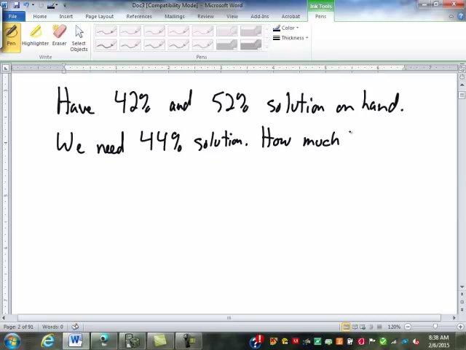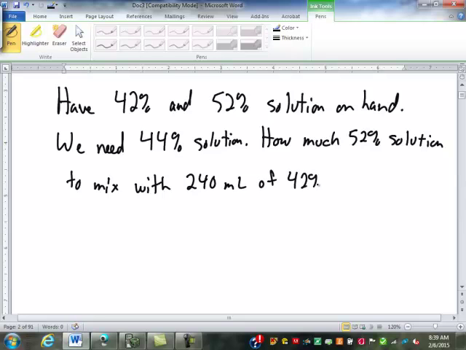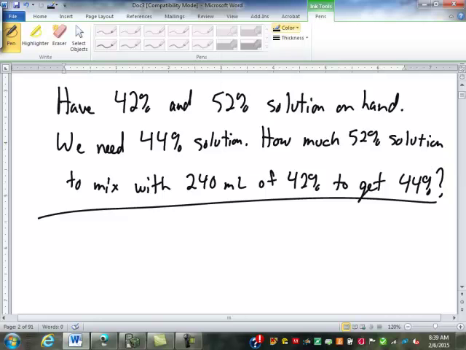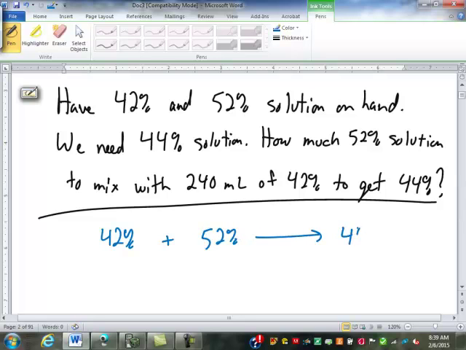How much of the 52% solution do we need to mix with 240 milliliters of the 42% solution to get that desired 44%? So the ingredients here that we are mixing together, we have the 42%, the 52%, and we are getting a 44% result.